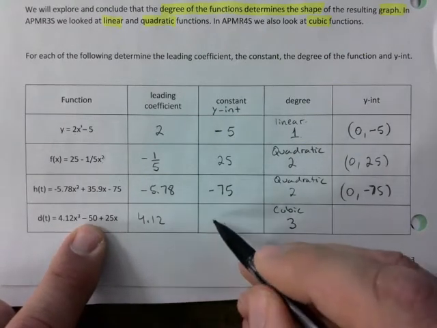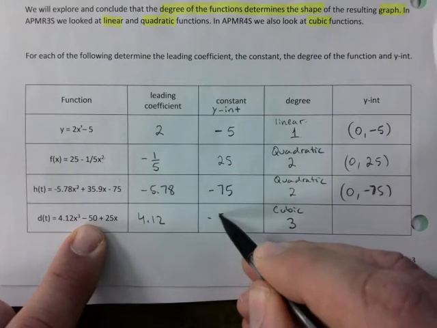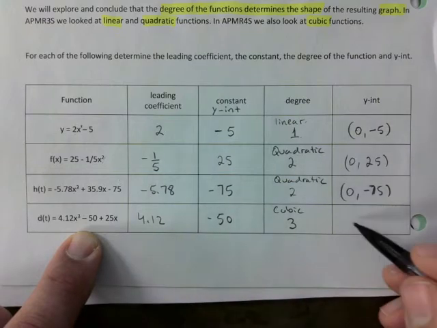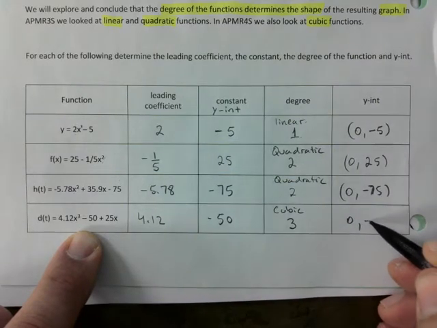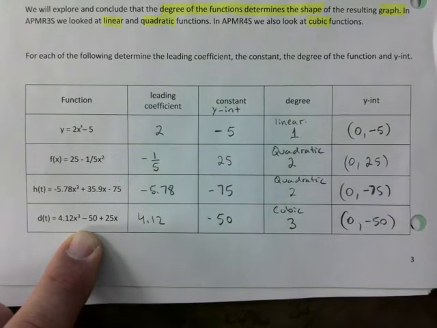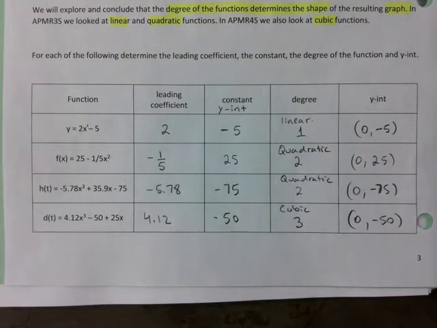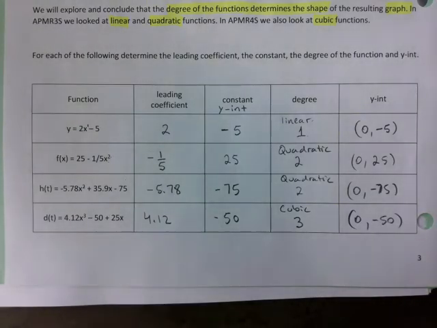And what's the constant here? Negative 50, right? It's that number right there mixed in the middle. And so the y-intercept is (0, -50). So there you have it.